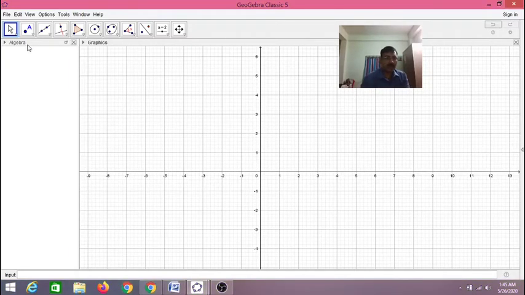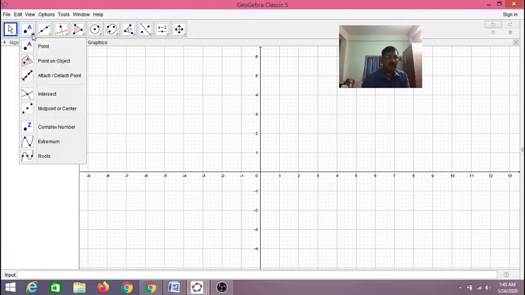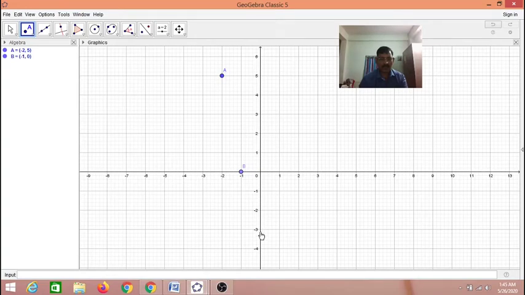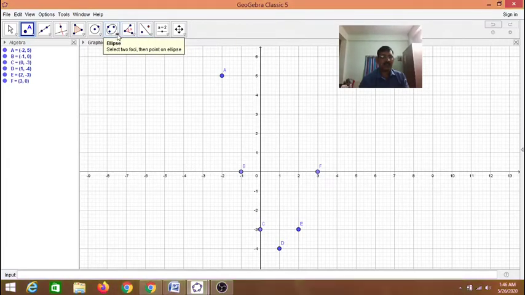Minus 2 5, so you can see that it is minus 2 5, then the next one is minus 1 0, then 0 minus 3, then 1 minus 4, then 2 minus 3 again, and 3 0. Now simply if you plot a graph for this, it will be like this.